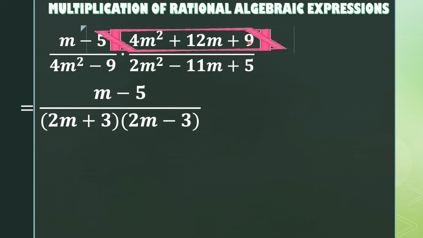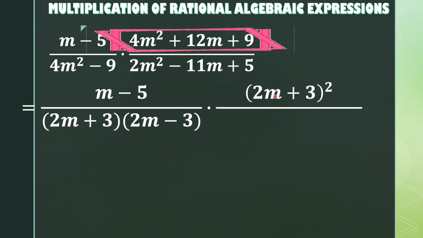Kuhanin natin ang square root ng 9. Kunin natin yung sign ng middle term. So, the answer is quantity 2m plus 3 squared. Okay po? So, square root ng 4m squared, that is 2m. Square root ng 9 is 3. Kunin natin ang sign ng middle term, that is positive.